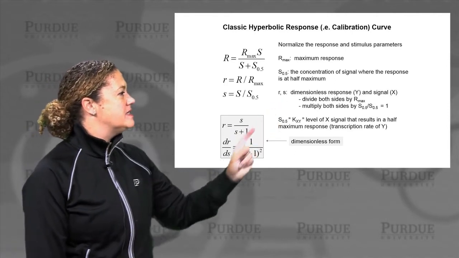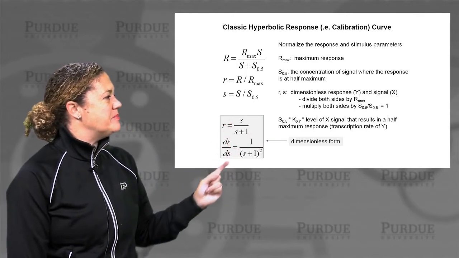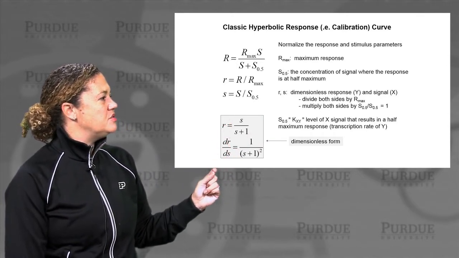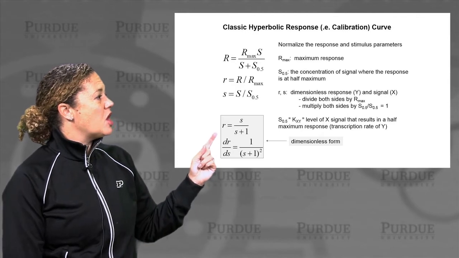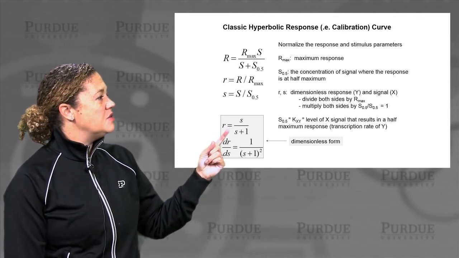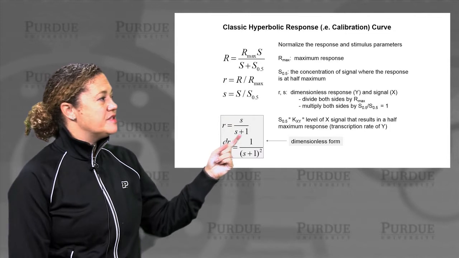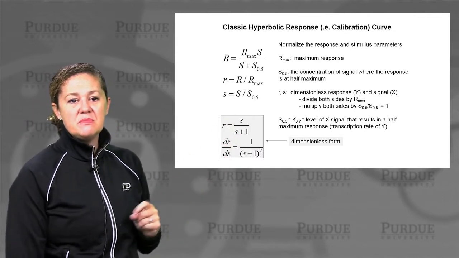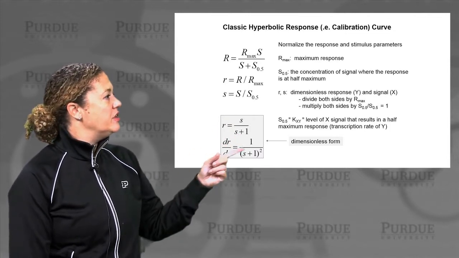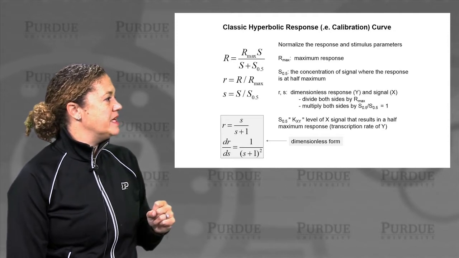And we're going to sub in now, and this will simplify our equations to our dimensionless form, where our response equals our signal over signal plus 1. So this is our dimensionless form of our Hill function with n equals 1.